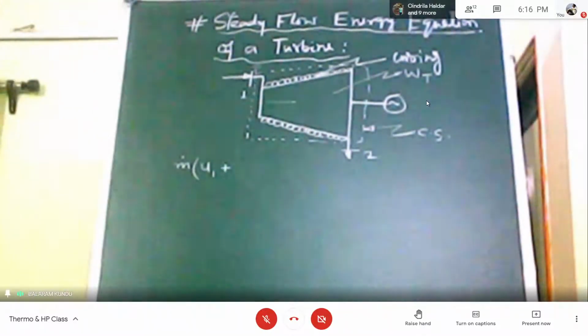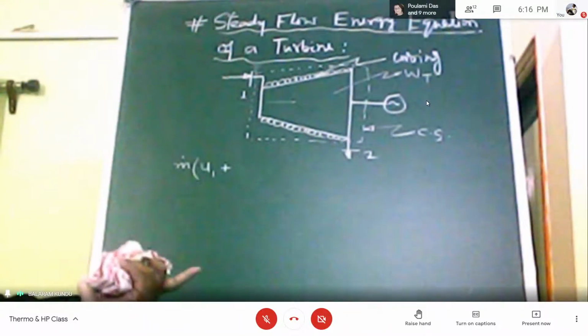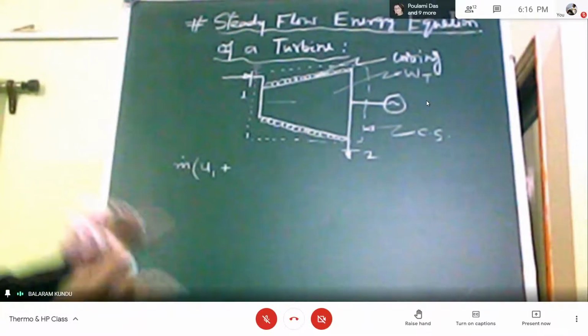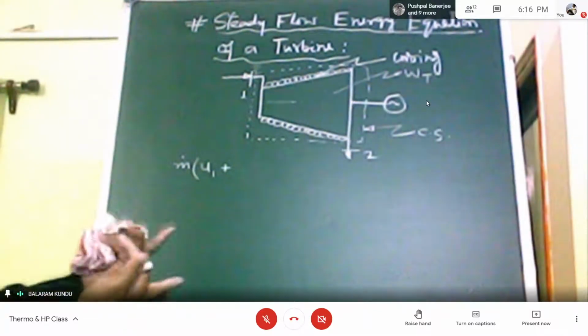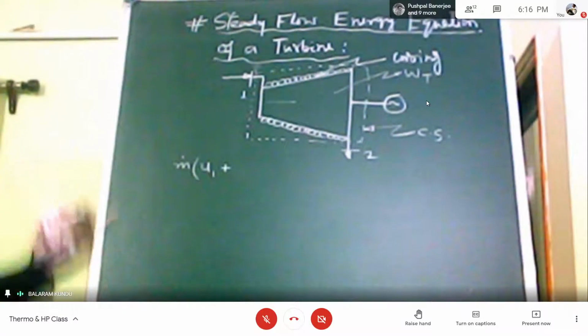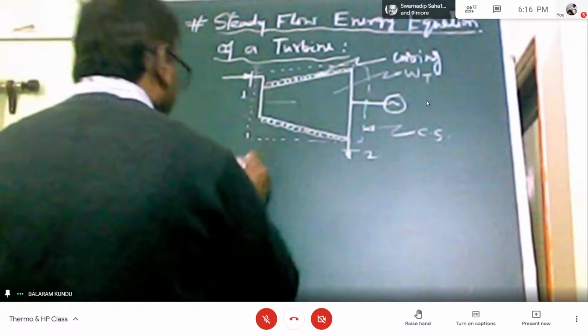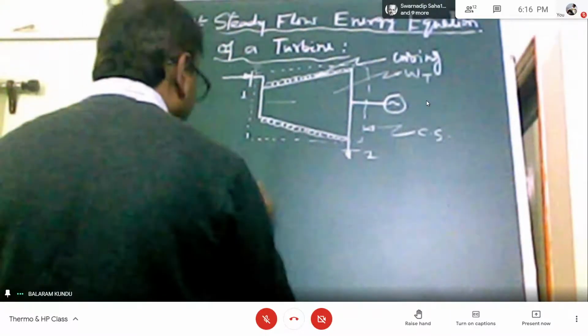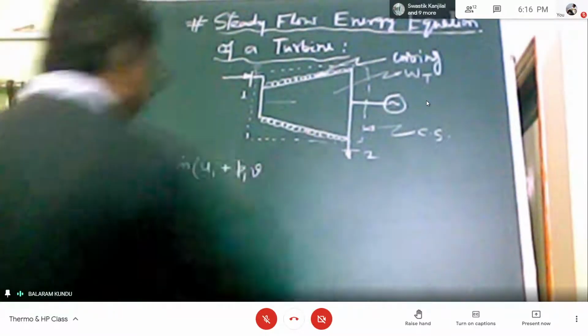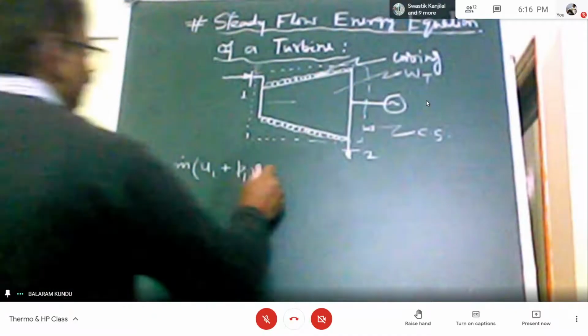plus flow energy is also there. So pressure into specific volume should be considered, because mass flow rate m dot has been taken here. P1 is the pressure at the inlet, and the specific volume of the working fluid at the inlet is V1.